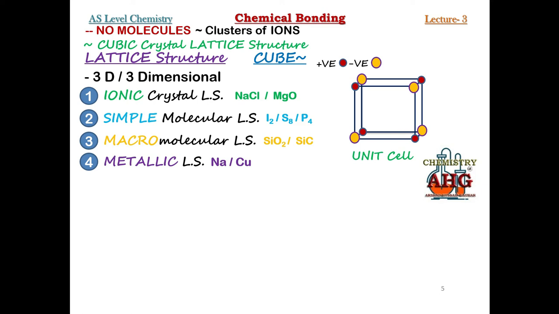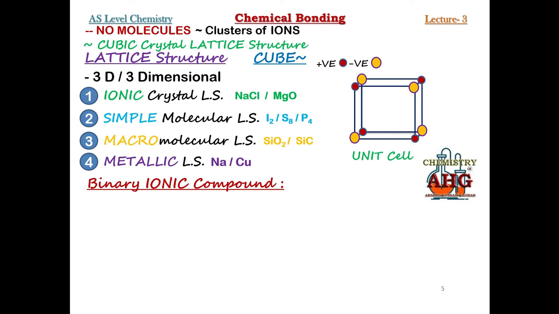What is the important feature for most of the binary ionic compounds that you must remember? What is a binary ionic compound? Binary means made up of two elements, not two atoms. Binary means made up of at least two different elements.